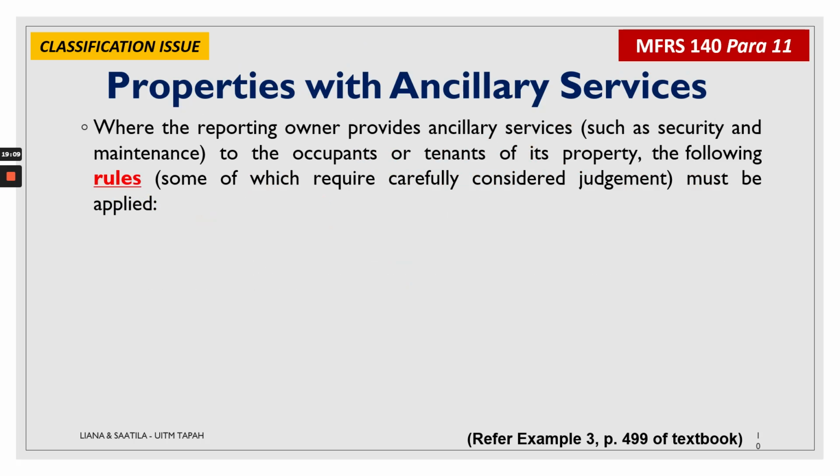Next, you have another classification issue here on properties with ancillary services. So properties with ancillary services are the situation where the entity which is the owner of the property, the building, for example, provides ancillary services such as security and maintenance to the occupants or tenants of its property, either land or a building.